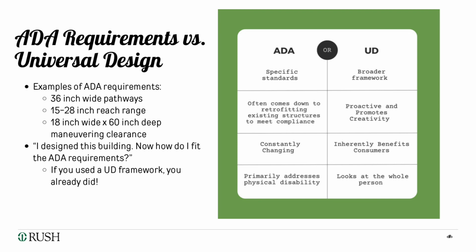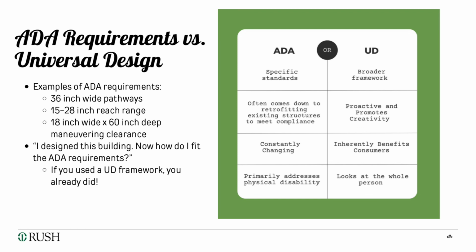They build these beautiful buildings, and then they look back, and they say, okay, how do I make sure that I'm following the law? How do I make sure that I'm following all these ADA requirements, which are constantly changing? Well, if you followed the principles of universal design along the way, you did fit those requirements, you did pass ADA.